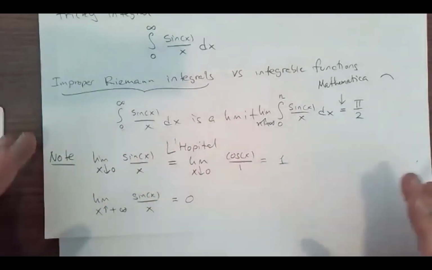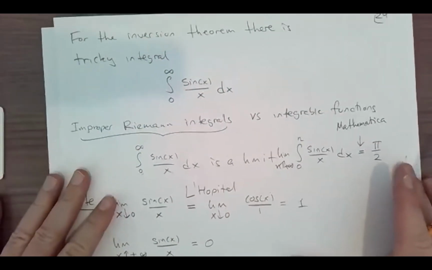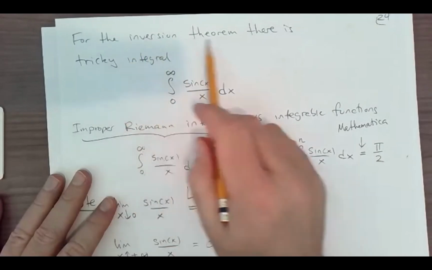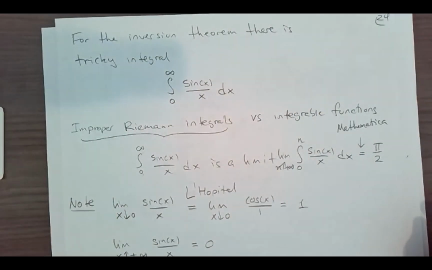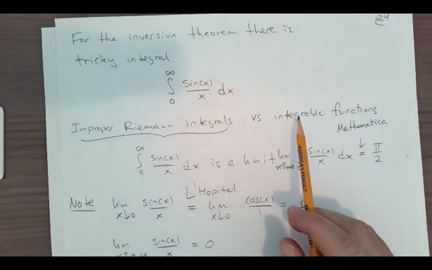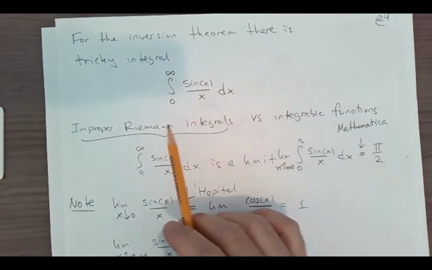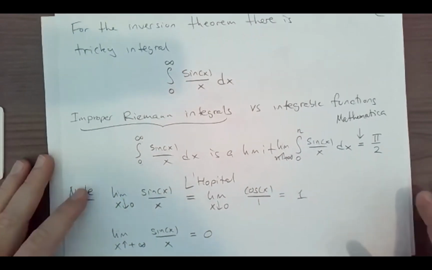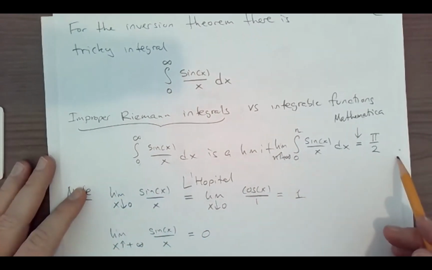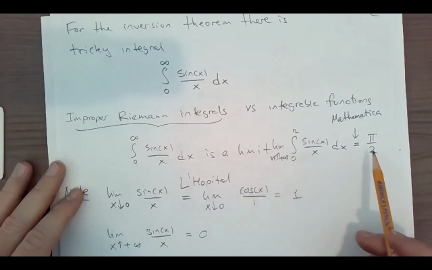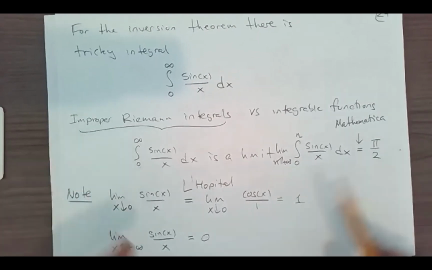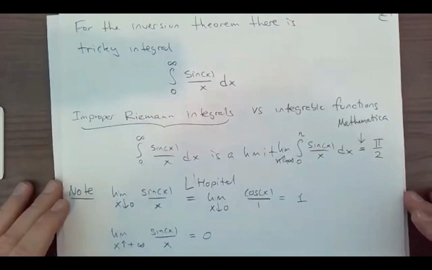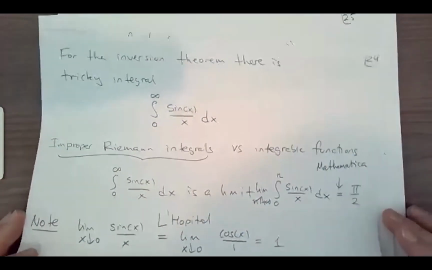So it's this friction here that appears whenever you study these formulas that are coming out of the inversion theorem. There's always this problem that the integral that appears in these formulas is not the integral of an integrable function, it's one of these improper Riemann integrals. So it's just something to keep in the back of your head. If you've seen examples like this before, then that would be great. If you haven't seen them, try to play with this before next time, because next time it's going to be an issue that we have to address.